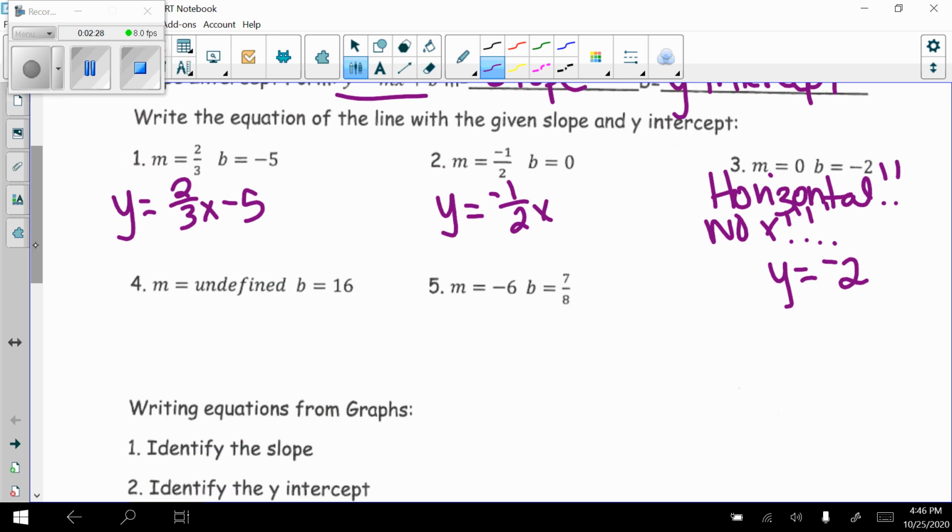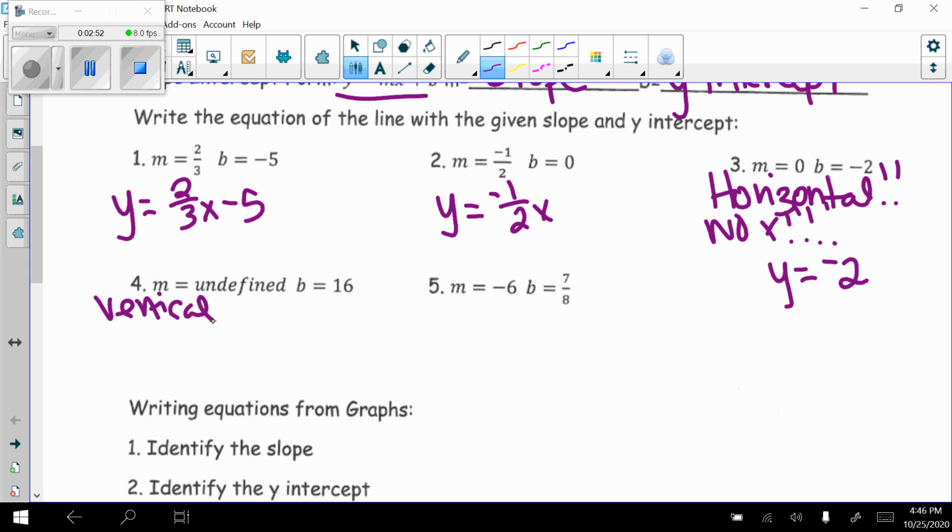So then let's look at number 4. Slope is undefined. Here they tell me b equals 16. My slope is undefined. What kind of line has a slope of undefined? That means I can go up or down as much as I want, but I can't go over at all off of my line. So what type of line is this? A vertical line.